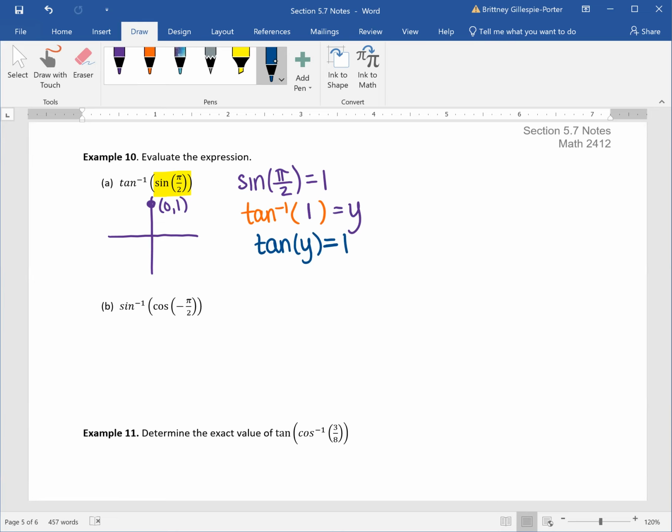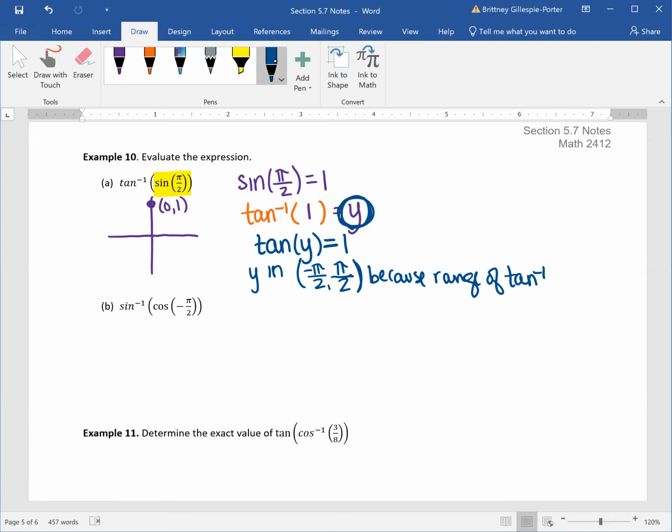But remember that our inverse tangent, its range needs to be in our interval of negative pi over 2 to pi over 2, because the y here was the range of the inverse tangent.